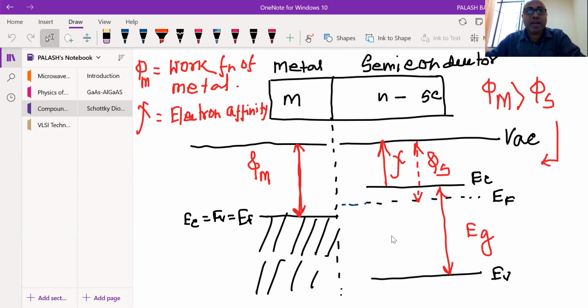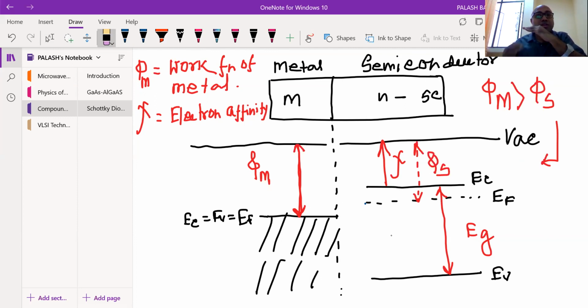Why is it so important? Why am I telling you about this part? Conceptually, you have a higher Fermi level. What is the significance of the Fermi level? Below the Fermi level, all energy states are filled.